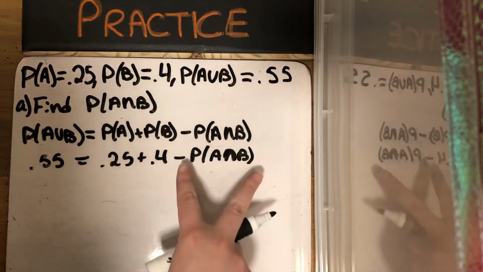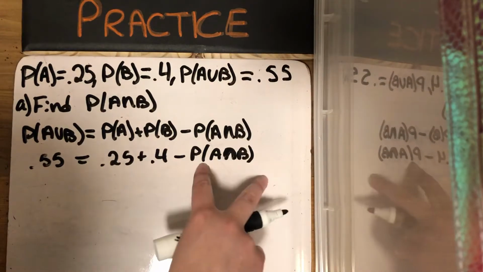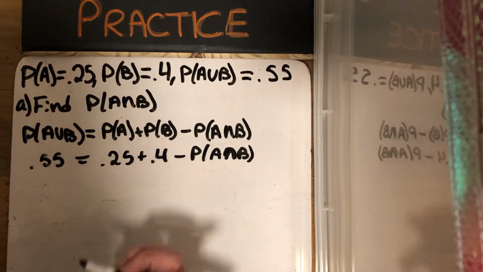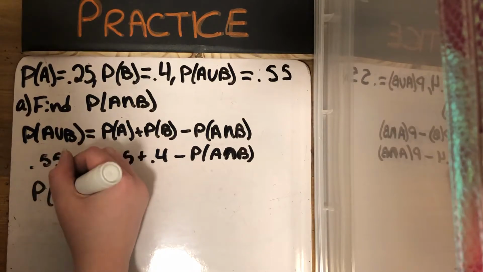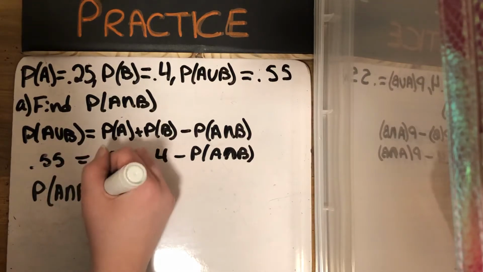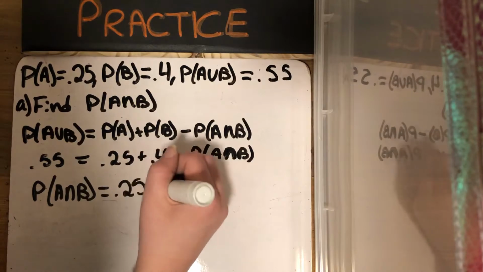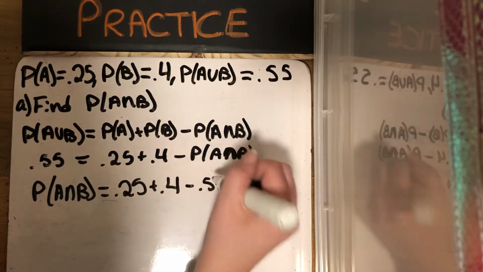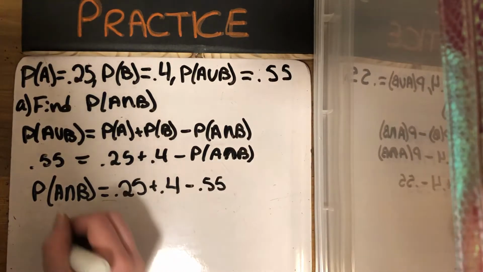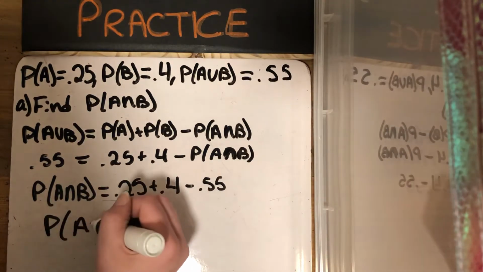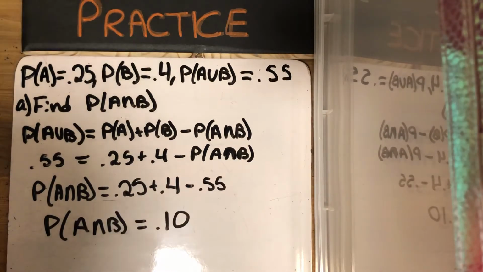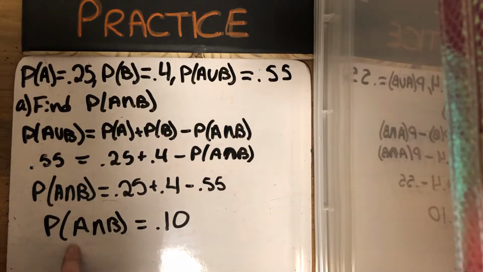Once again, we can add the intersection of A and B to the left and subtract 0.55 from the right. And this gives us an answer of 0.1. So the probability of the intersection of A and B is 0.1.